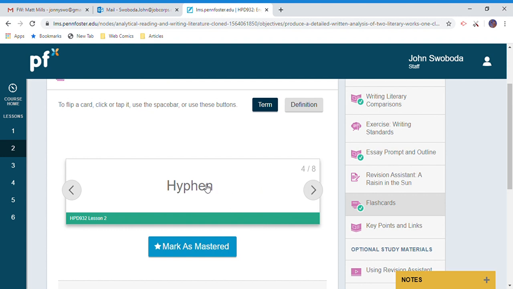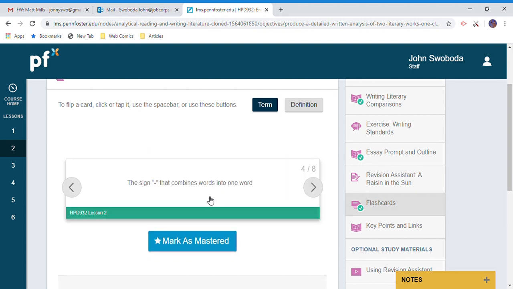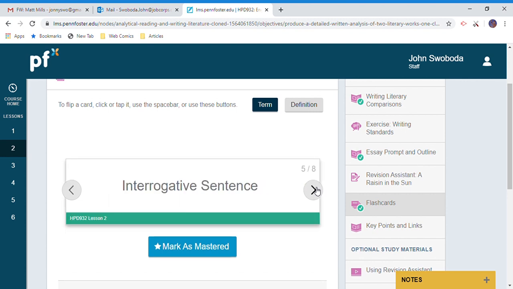Hyphen is that sideways line that goes between two words. The sign that combines words into one word, like quickly fallen or loudly kicked. Interrogative sentence. That's like interrogation. You can think of it like the word interrogation. It's got a question mark.